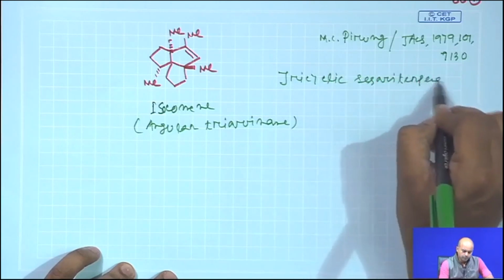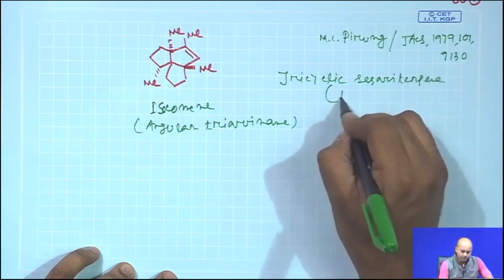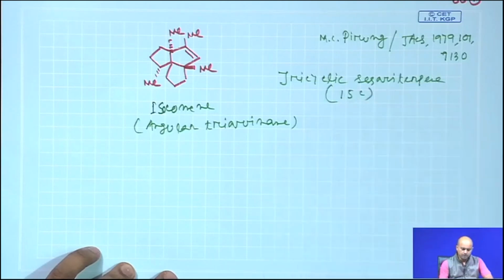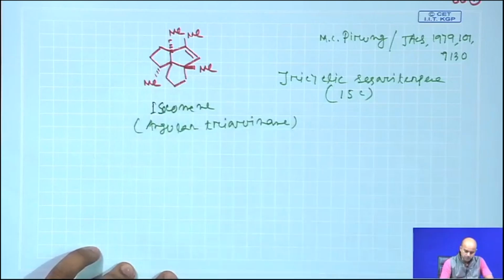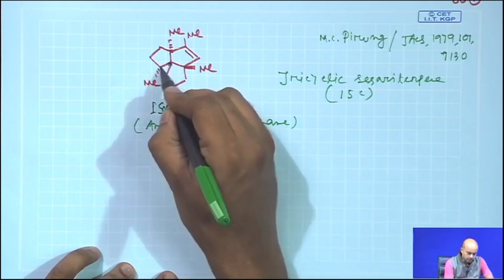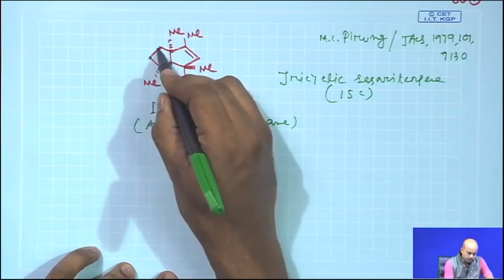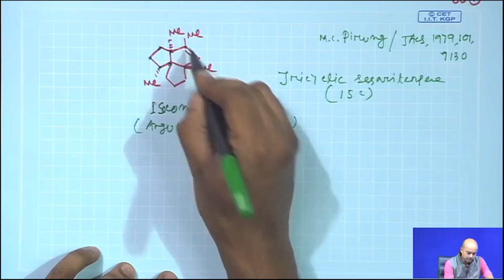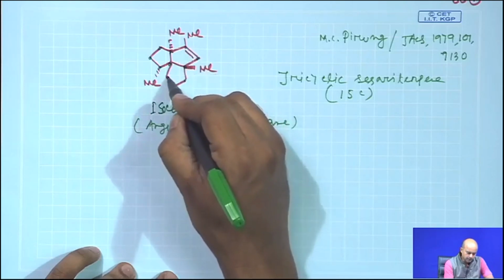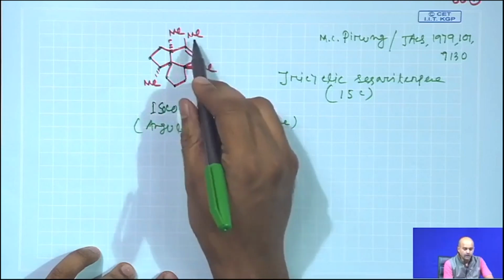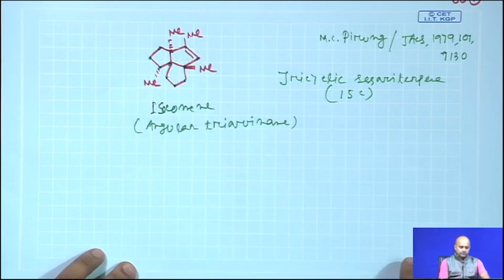Sesquiterpenes, we often say, contain 15 carbons in the framework. Now start counting: 1, 2, 3, 4, 5, 6, 7, 8, 9, 10, 11, then you have these 4 methyls, which count for C15.